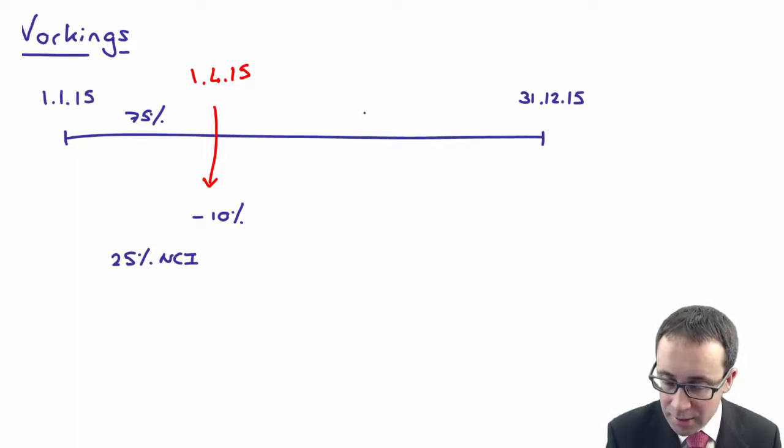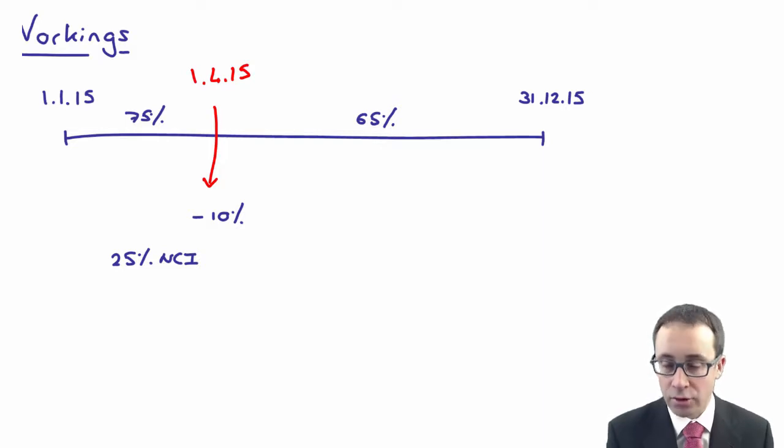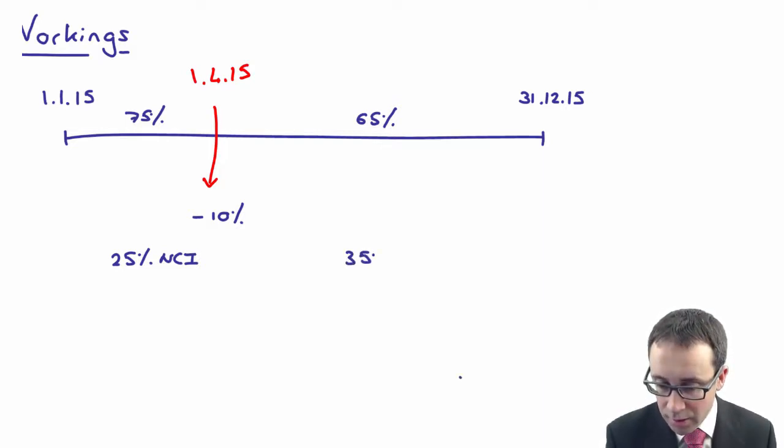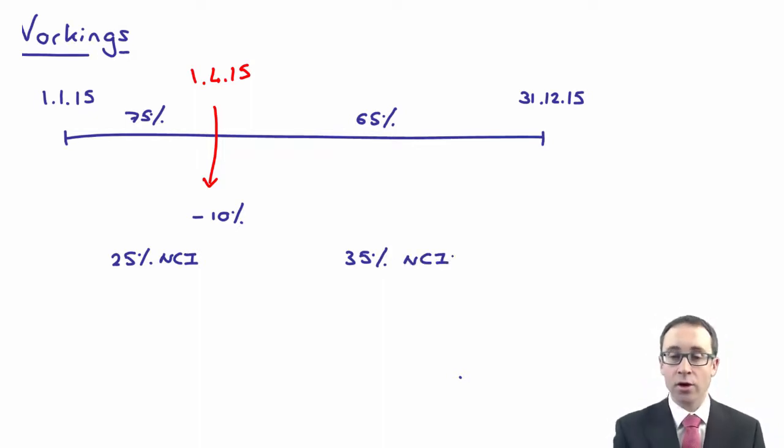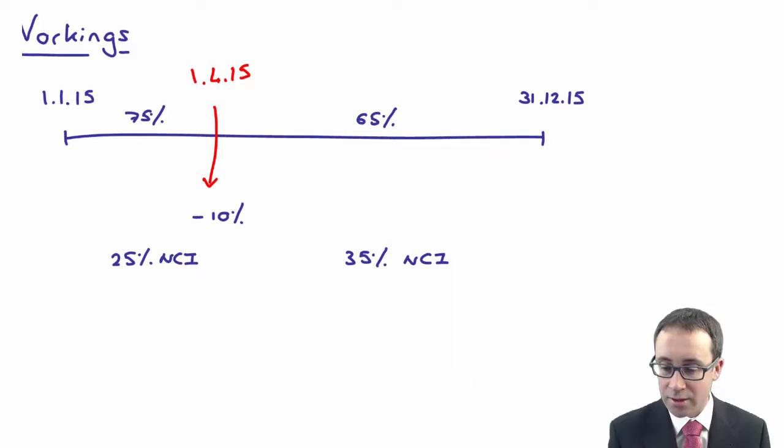We've disposed of 10%, so we now have 65% ownership, but we still have control. We still have a subsidiary, but it now has a 35% non-controlling interest.